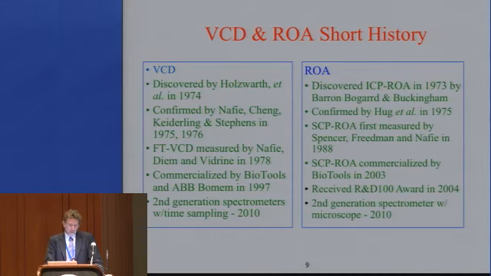But that paper came out in 74, and we confirmed that first observation of VCD in 1975 with Jack Cheng, and then Tim Keiderling joined our efforts for a major paper on VCD in 1976.